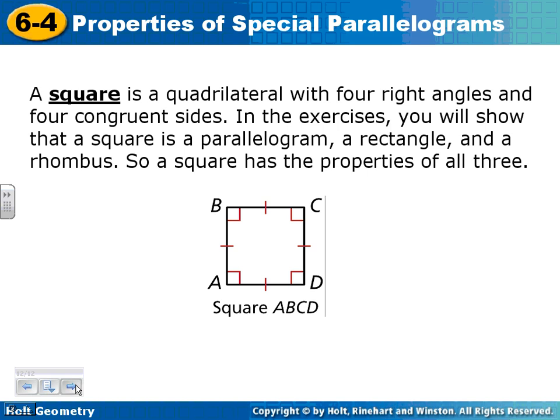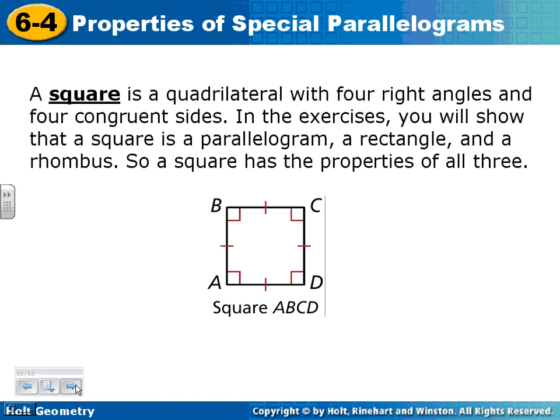We've done quadrilaterals, onto parallelograms, onto rectangles, onto rhombus, now onto the square. It reads, a square is a quadrilateral with 4 right angles and 4 congruent sides. In the exercises, you will show that a square is a parallelogram, a rectangle, and a rhombus.